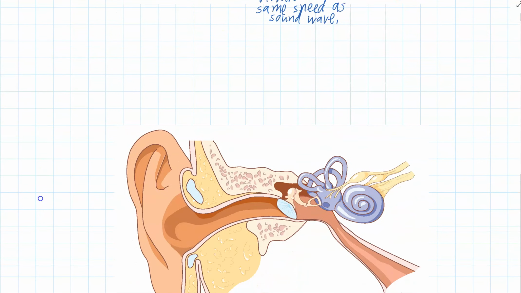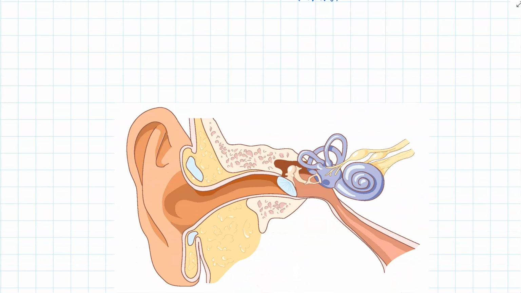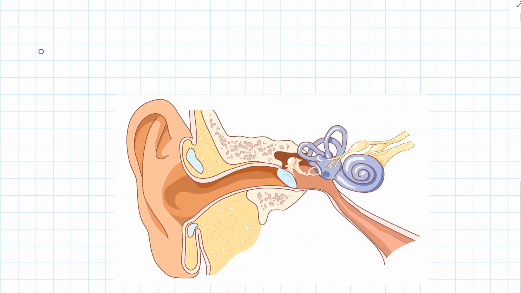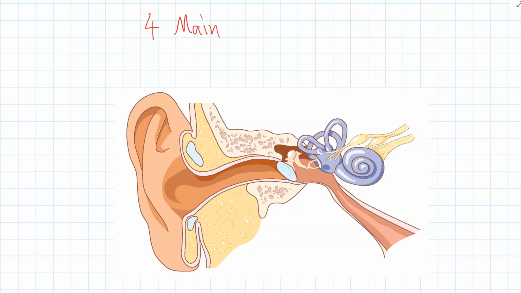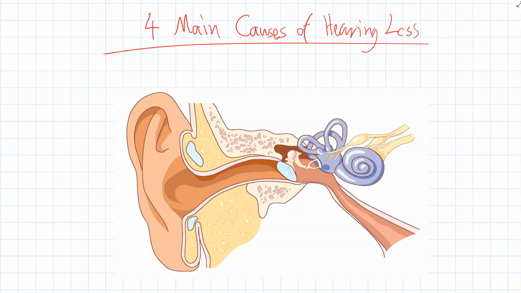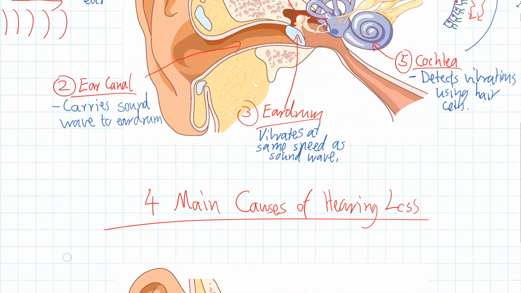So the next thing to talk about is to really quickly look at different ways that the ear can be damaged and that can cause hearing loss. So there are 4 main causes of actual people losing their hearing. Firstly, if you just get too much build-up of earwax in the ear canal.